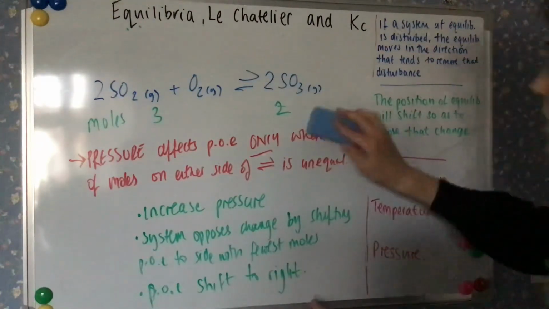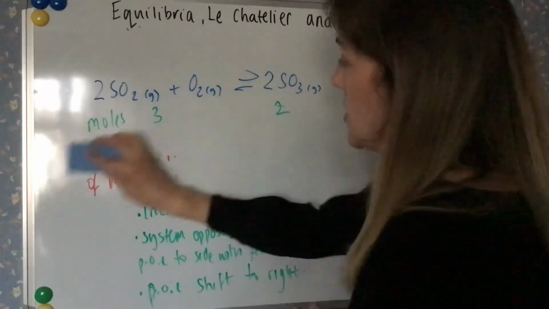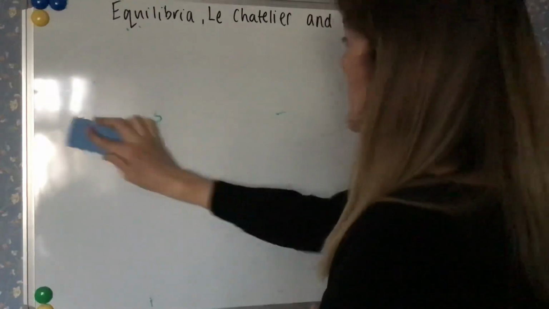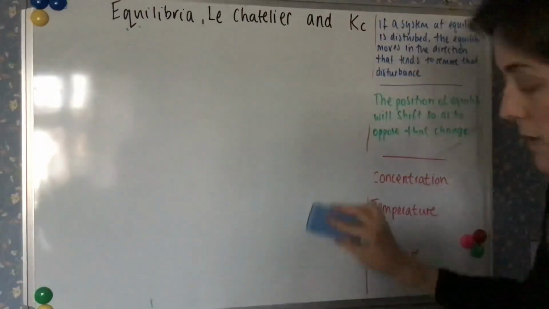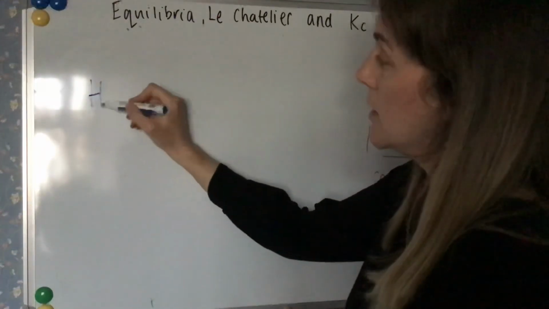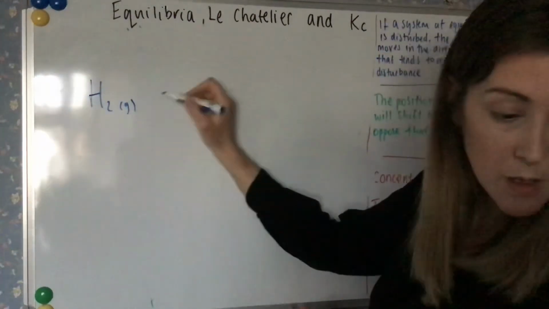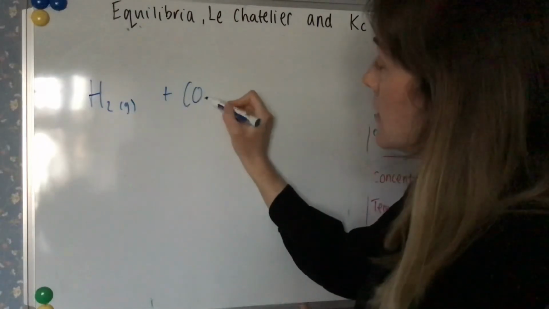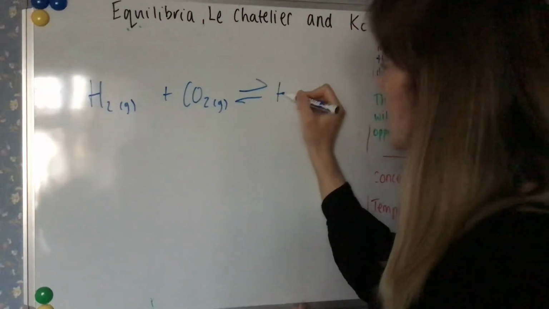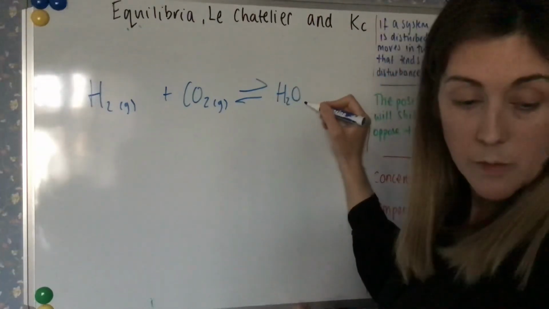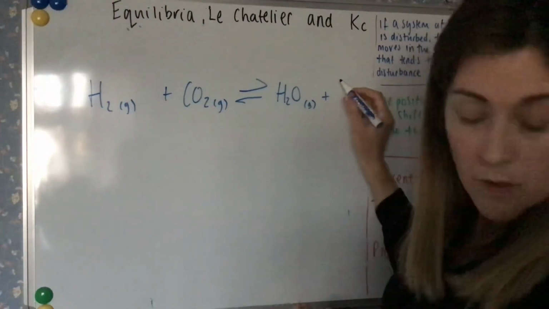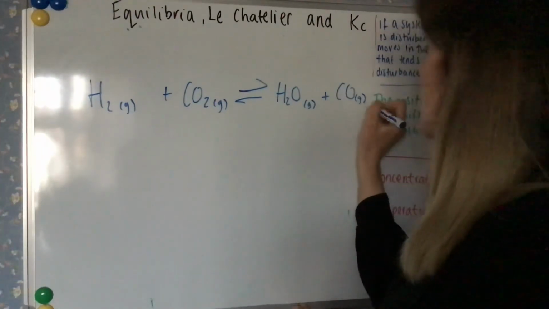Now I want to give you these 2 more examples that are in your textbooks, and they were little tricky ones, which hopefully you'll see no problem. H2O, so we've got some steam and carbon monoxide gas.